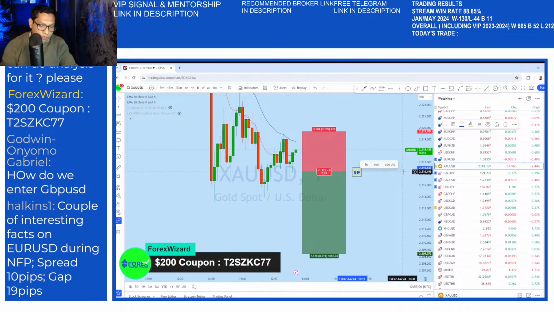So even if it goes up, we will not be having anything. So sell stop. If the market breaks below, then we will be selling. Otherwise, just moving up. Anyone has placed that pending order on gold?